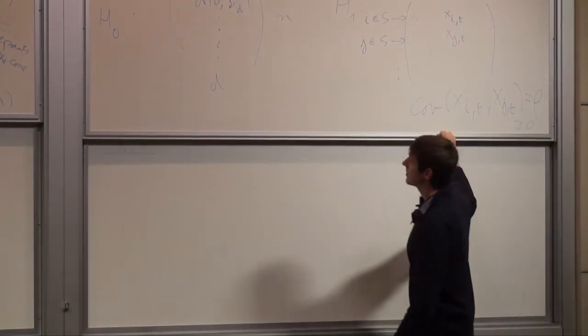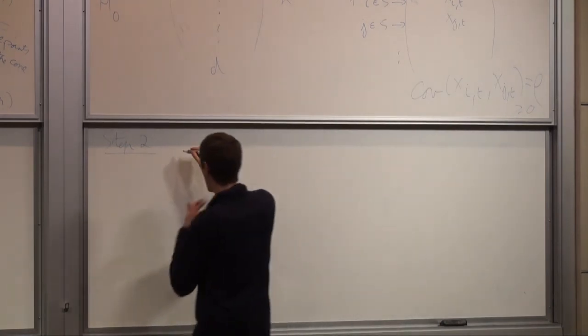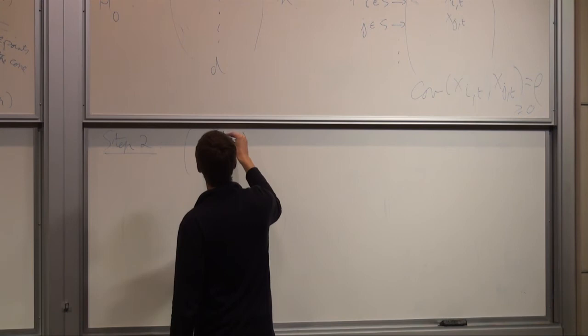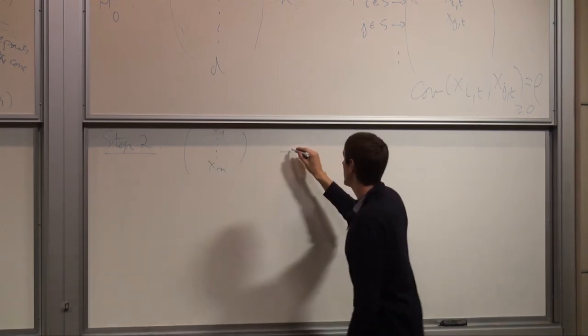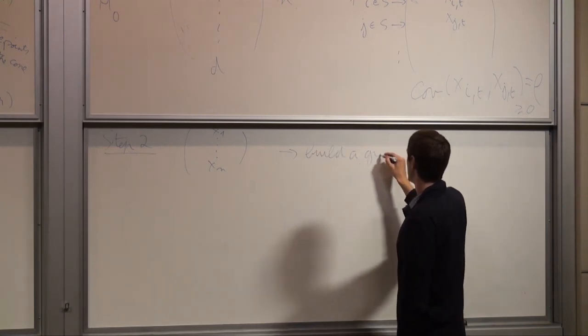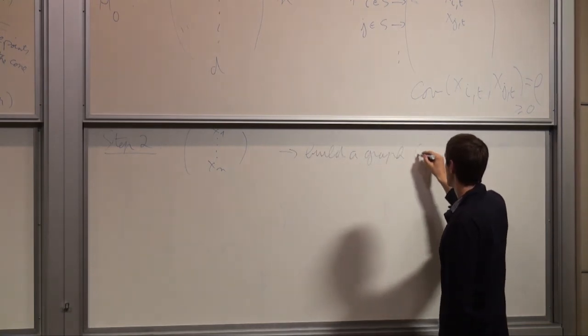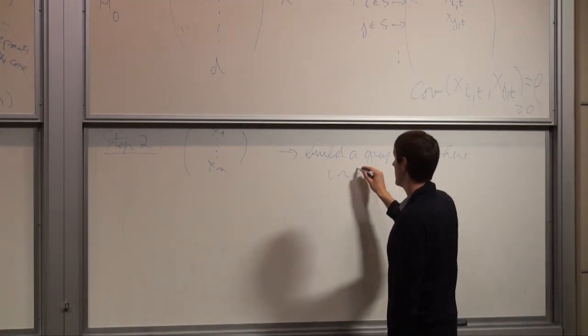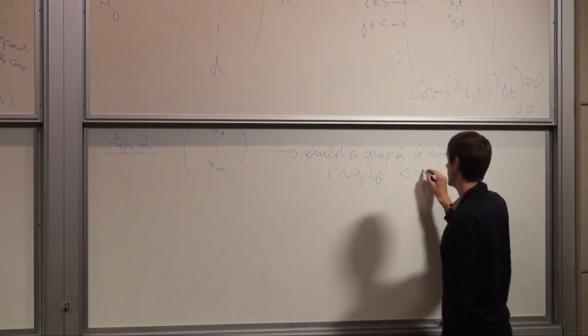So here, what I'm going to do is that I will build the graph. I have my matrix, which corresponds to x_1, etc., up to x_n. What I do is that I build the graph G, where i is connected to j if the inner product between x_i and x_j is positive.